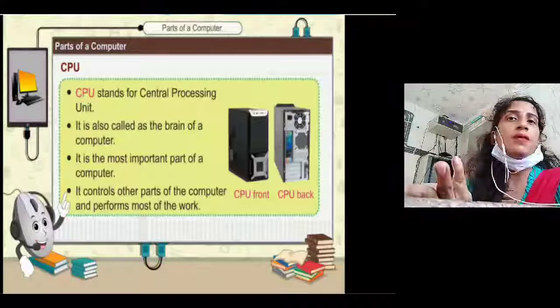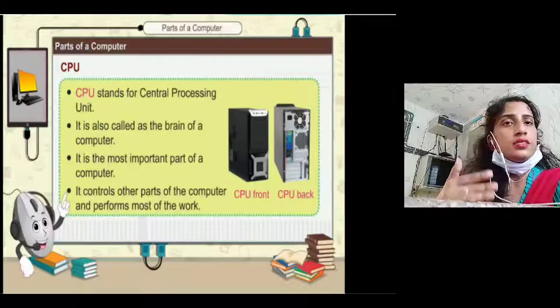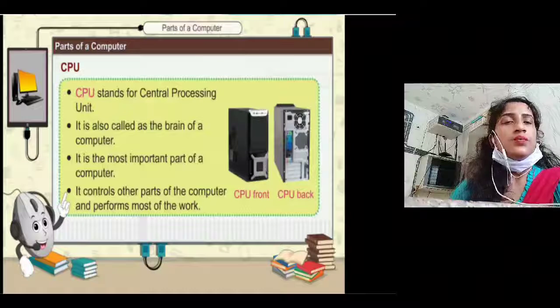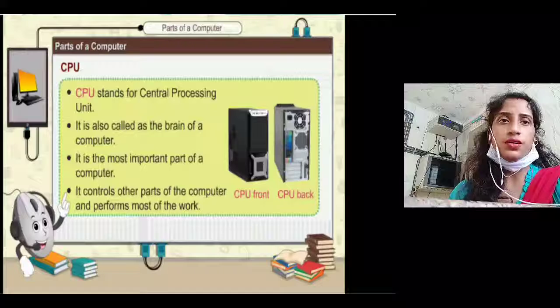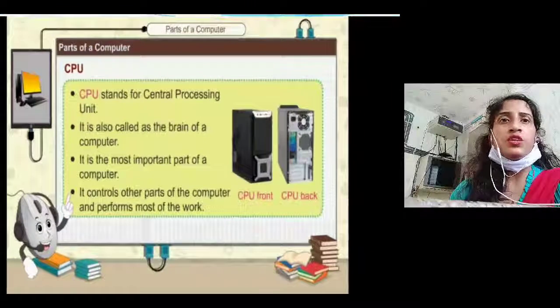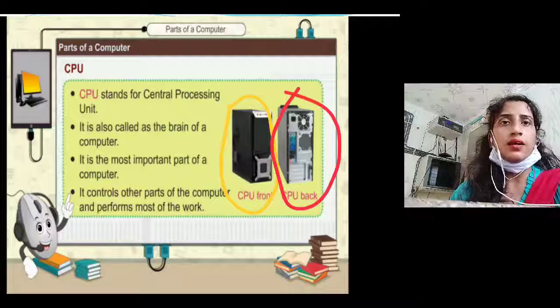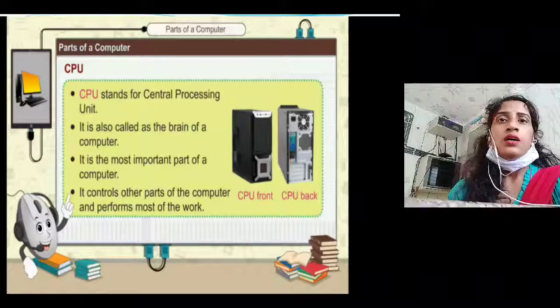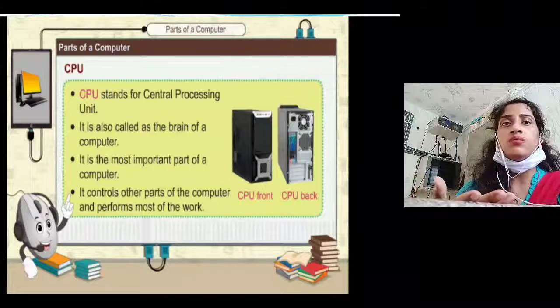The next and last part of your computer is the CPU. CPU stands for Central Processing Unit. Have you seen this picture of the CPU? This is the picture of the CPU front side, and this one is the CPU back side. It is also called the brain of a computer. Why do we call it the brain of a computer?